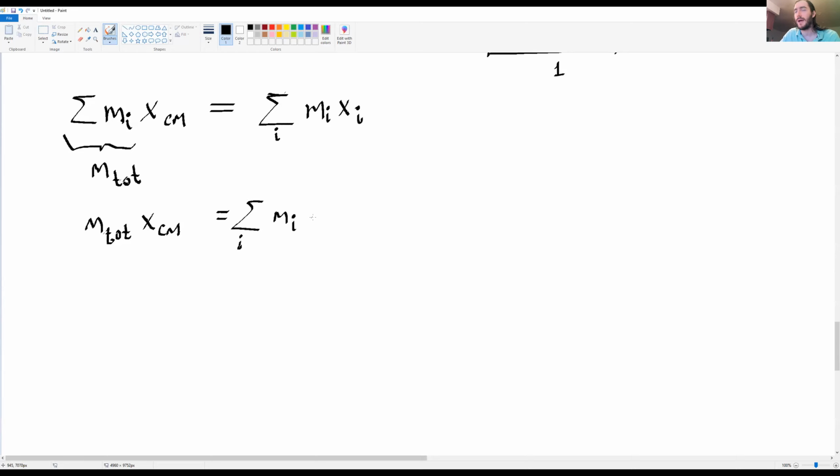Now I've substituted in m total for m sub i. Now I'm going to do the new thing here. What I'm going to do is calculate the delta of this equation here. I'm going to divide both sides by delta t. So what does that look like?